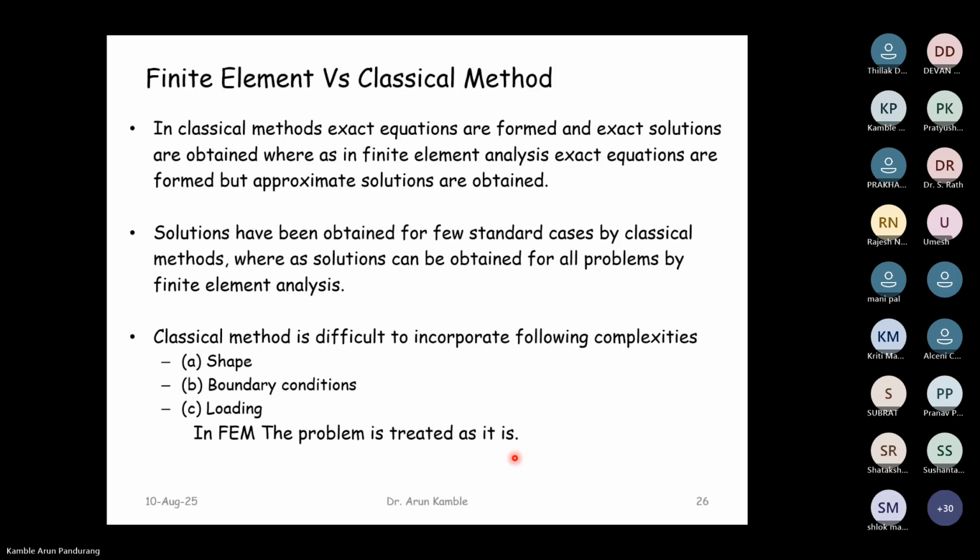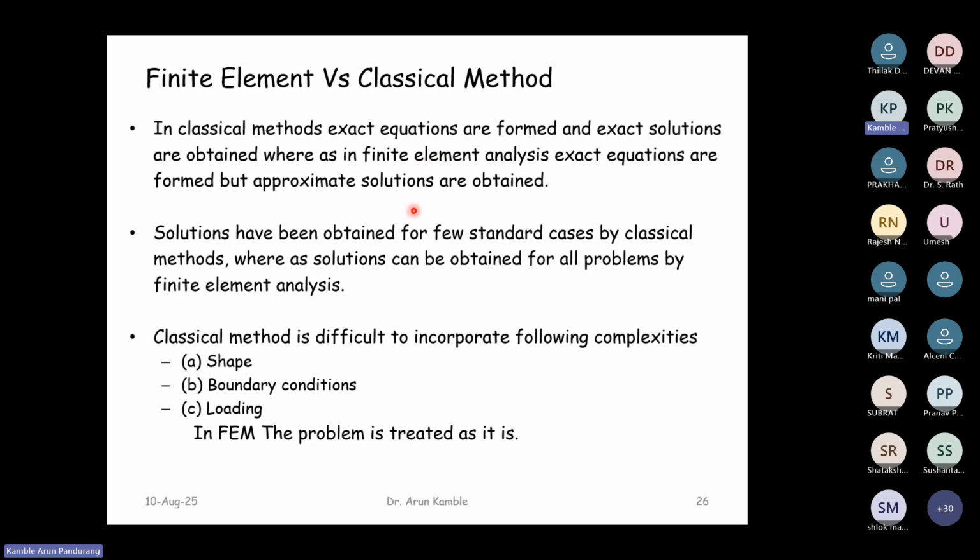Now let us see the difference between the finite element and the classical method. In the classical method, for example the analytical method, exact equations are formed and we get the exact solutions.